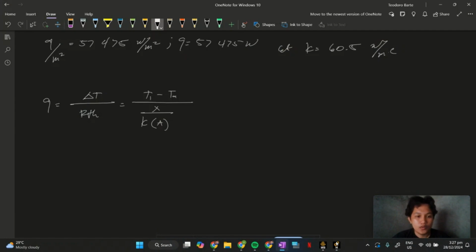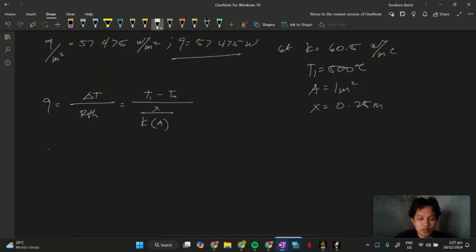Then our T_1 is equal to 500 degrees Celsius. Our area will be 1 meter squared. And our x will be 0.25 meters. And W here is watts.